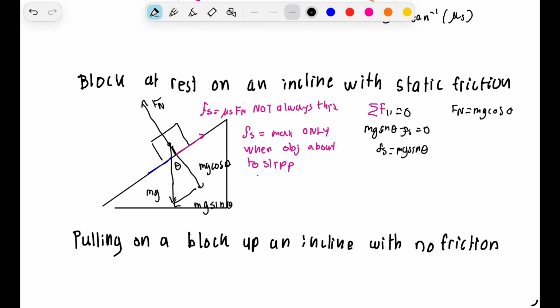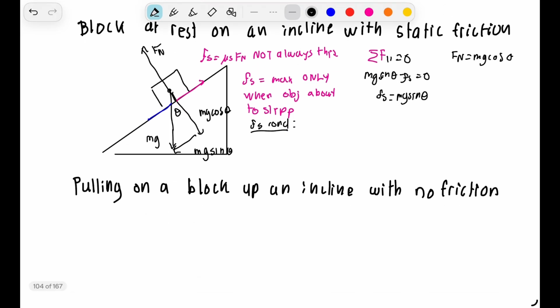Now the Fs condition is going to be this. If we have Fs less than or equal to mu s times normal, so plugging in, we have mg sine of theta less than or equal to mu s mg cosine theta. What we can cancel out is that mg.